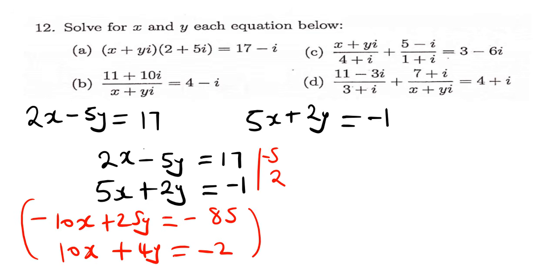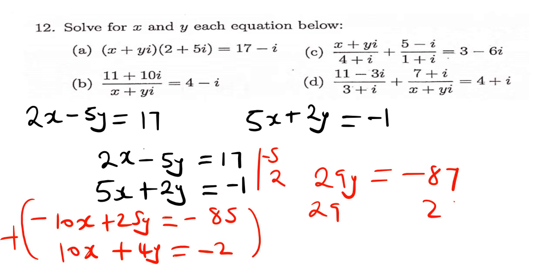Negative 10x plus 10x will give us 0. But 25y plus 4y will give us 29y. That will be equal to negative 85 and negative 2, which add up, giving us negative 87. Then divide by 29 on both sides.